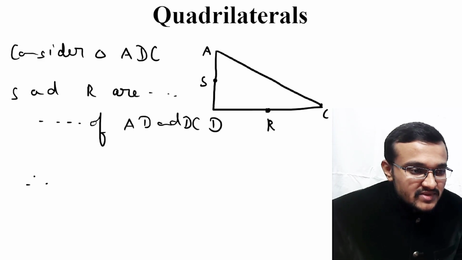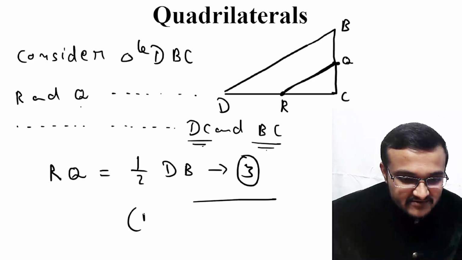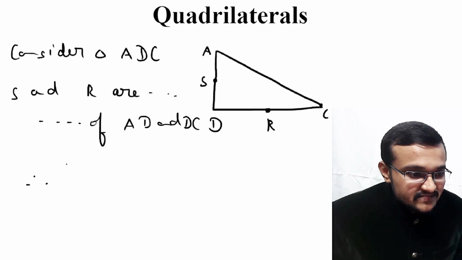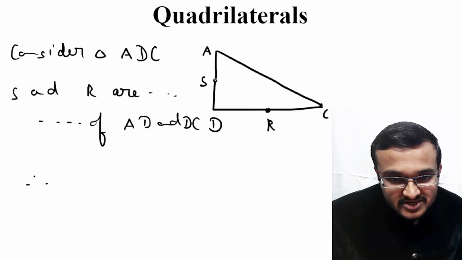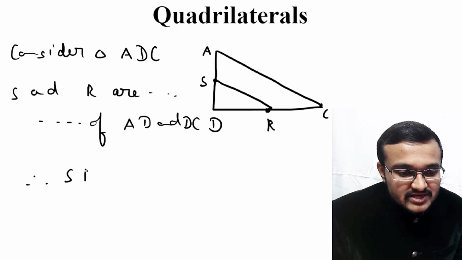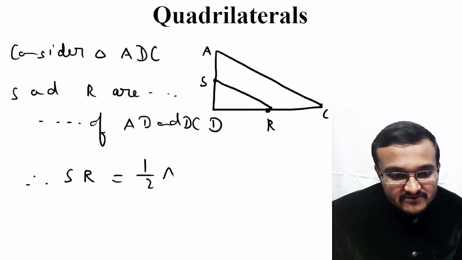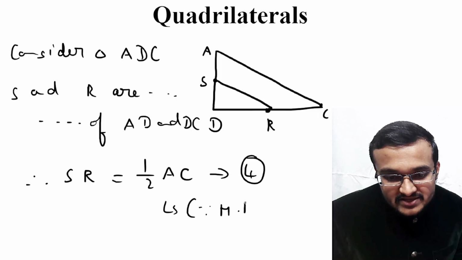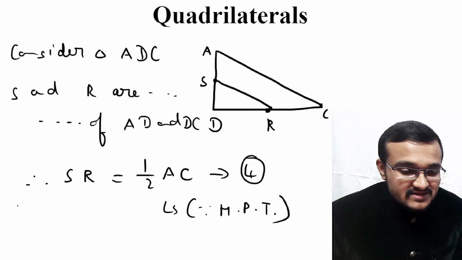So therefore, equation 3 also I have written based on MPT, that is midpoint theorem. So here also in this particular triangle, SR is equal to half times AC. This you can call as equation 4, and this is also according to MPT, that is midpoint theorem.